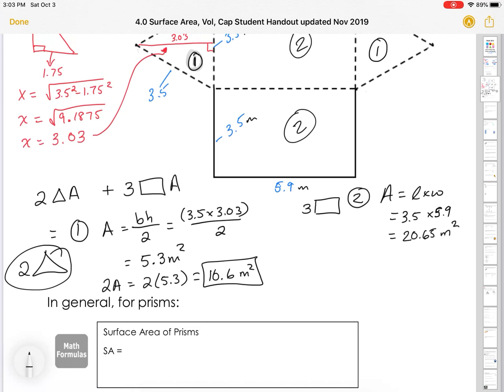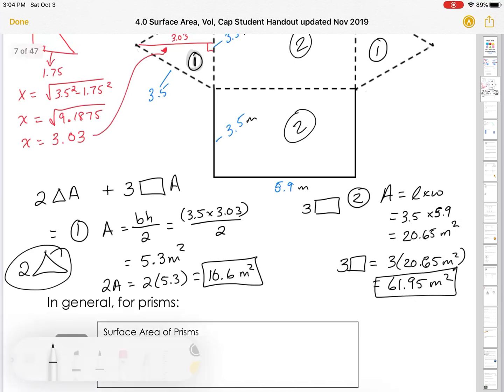And we said it was meters, so meters squared. But I have 3 of them, right? So 3 times 20.65 meters squared is equal to 61.95 meters squared. I want to just double check that. Yes. Okay.